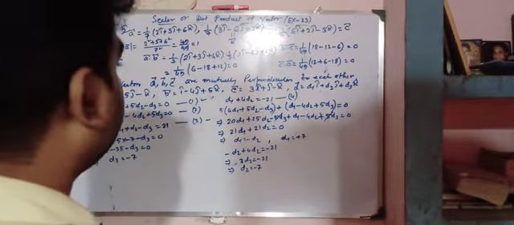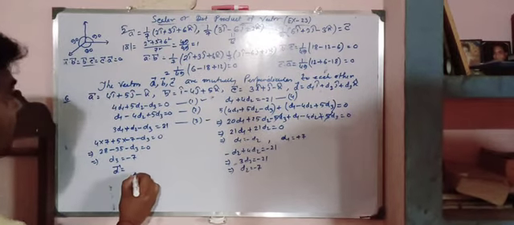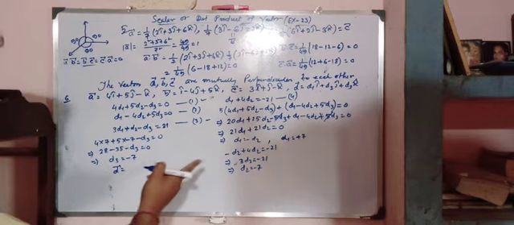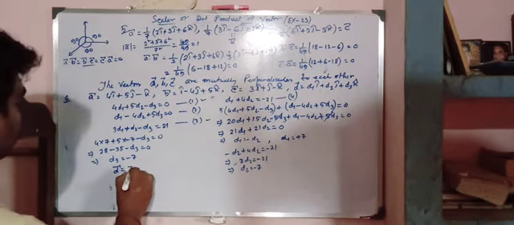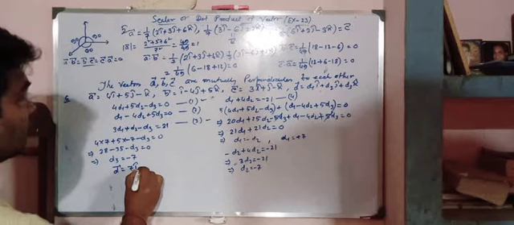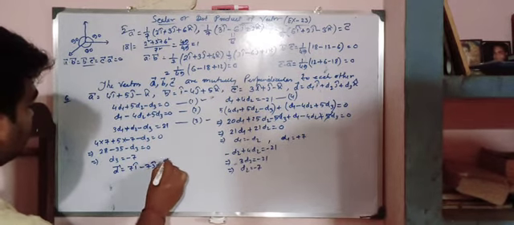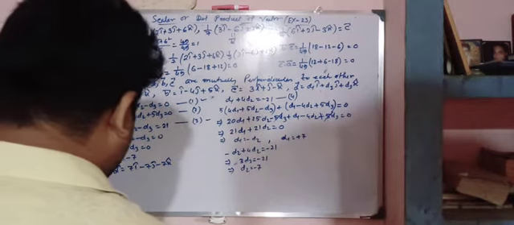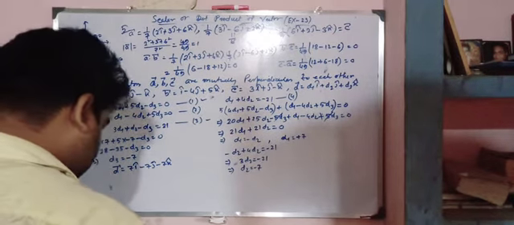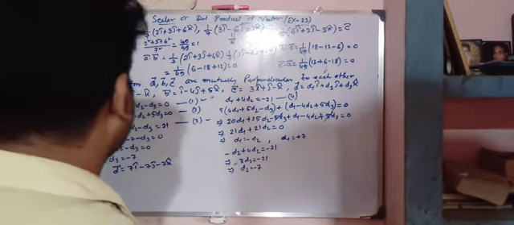So my required vector D is equal to 7 i hat minus 7 j hat minus 7 k hat. This is my required vector.